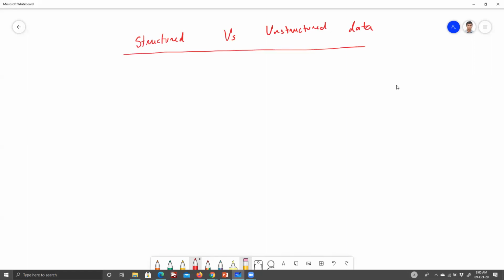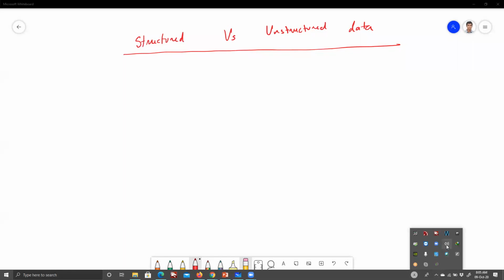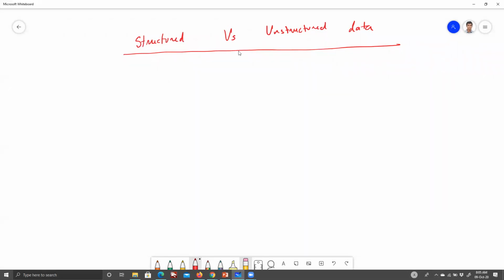So what is the difference between structured and unstructured data? Structured data comes into Tableau. And what about unstructured data? It's random. It doesn't follow any structure. It's like there are paragraphs and commas and semicolons, all these things.